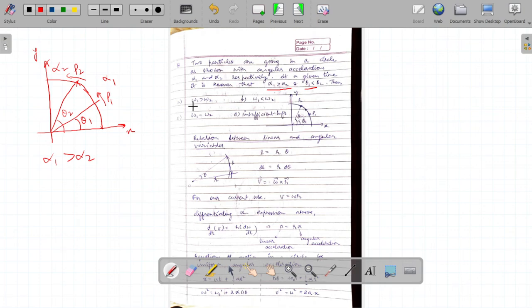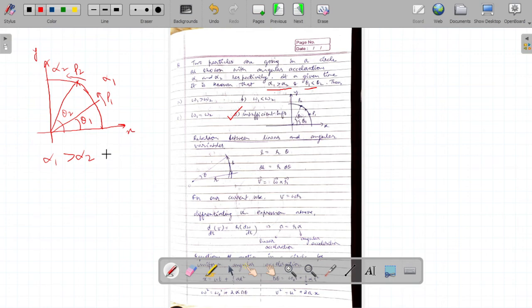Would the angular velocity at 1 be greater than at 2, would it be less than omega 2, or would they be equal? The correct answer is that we are not given sufficient information to determine the angular velocities at these 2 points.